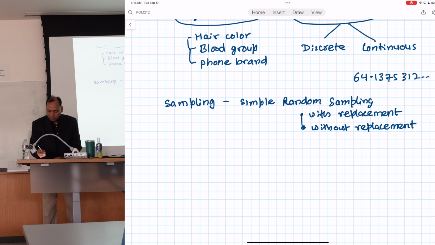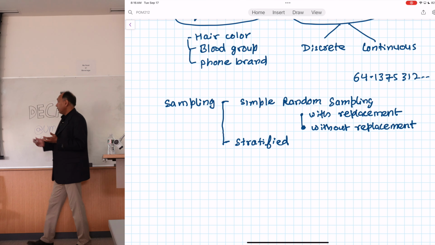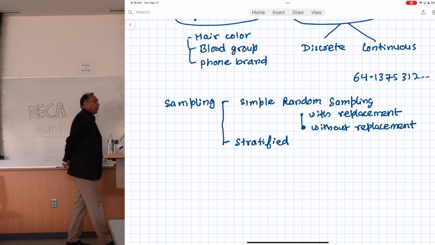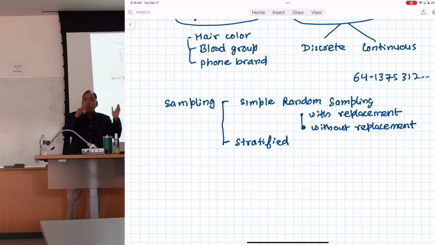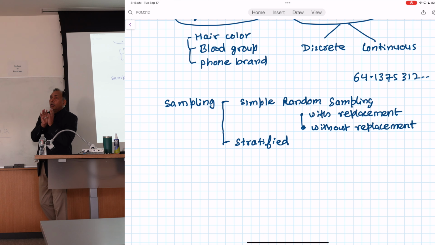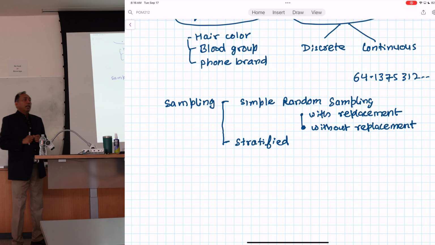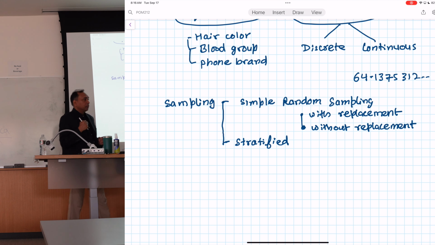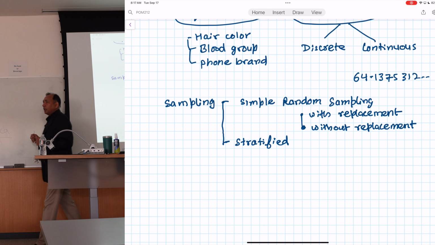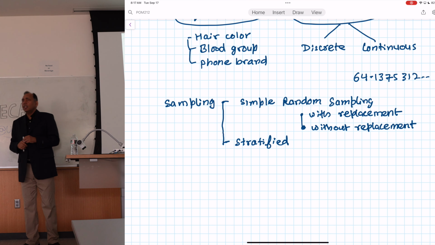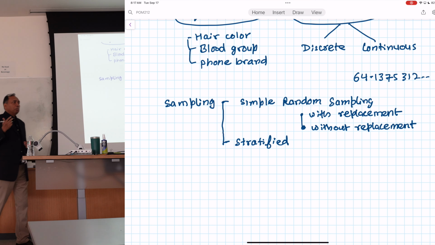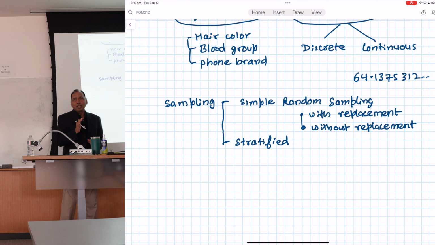So that is one form of sampling, but there are other ways also. Given a situation, we may do stratified random sampling, where you divide the population into different strata or groups and then take samples from each group. For example, we have, I think, 6 sections of business statistics class running this semester.